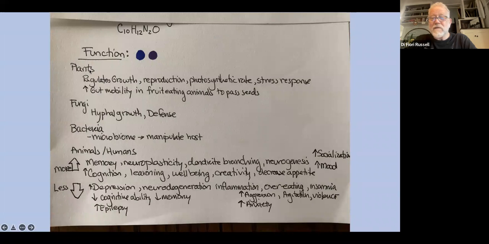It turns out this molecule is found in all different kingdoms. It's found in everything from bacteria to fungus to plants and animals, and it has slightly different functions in each group. So I put down the ones that I thought were interesting. Now, out of thousands of possible examples, how do I decide what to put here?